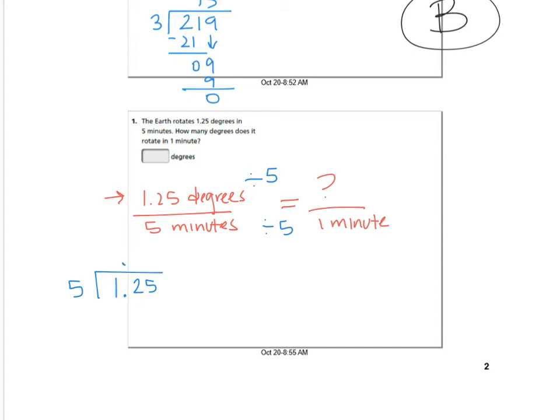So 5 does not go into 1, so that's going to be a 0. Does 5 go into 12? It goes 2 times, and 5 times 2 is 10. So subtract, and you get 2.